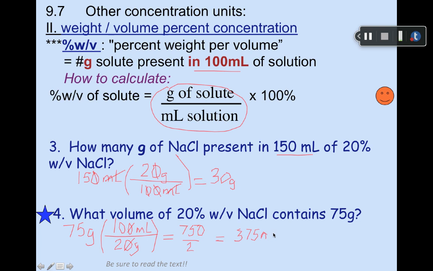Grams. Nope, it's not grams, it's milliliters. I canceled out the grams. I forgot to mark out the grams as I was doing other simplifying. All right, there you go. Is that a 2 sig fig answer? Nope. So to 2 sig figs, that would actually be 380. But it depends on how much precision you want in these reported values.